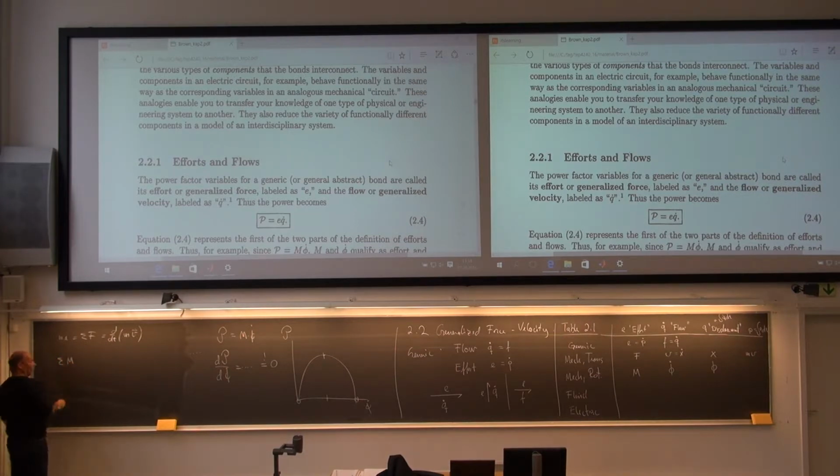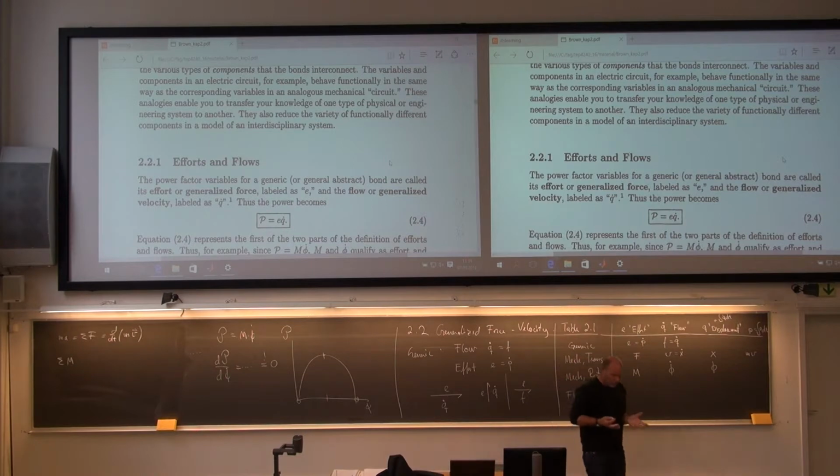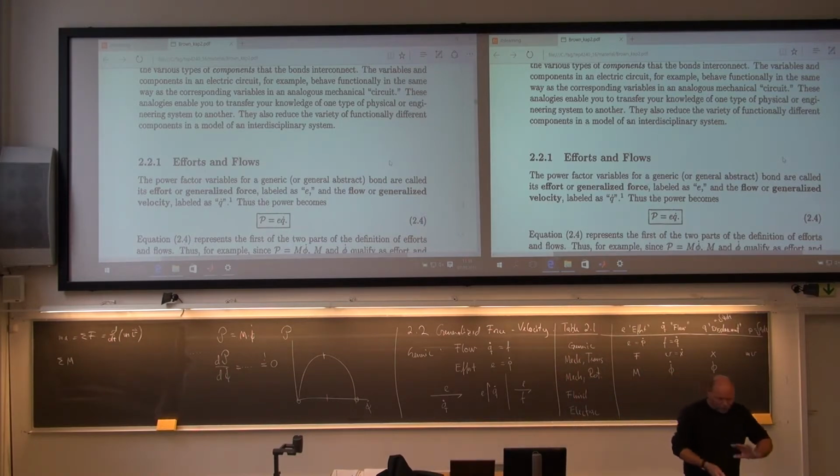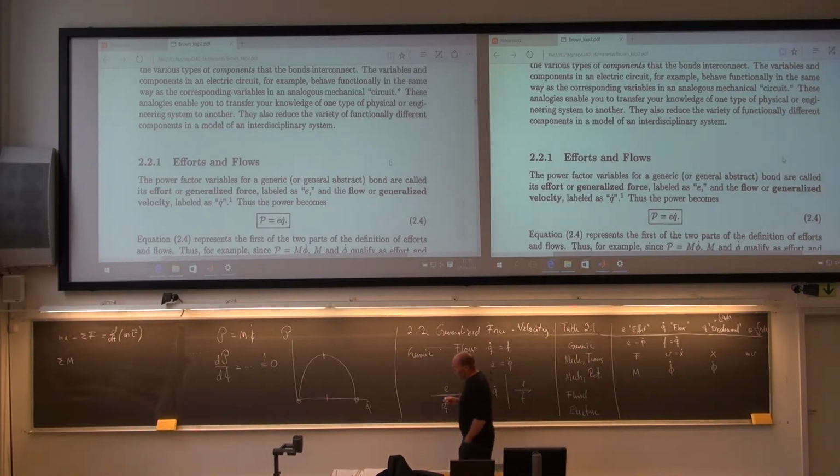Then you have the angular momentum theorem there. You have a lot of torque that is operating on something, on a mass. It starts to rotate. Well, what is the law here?